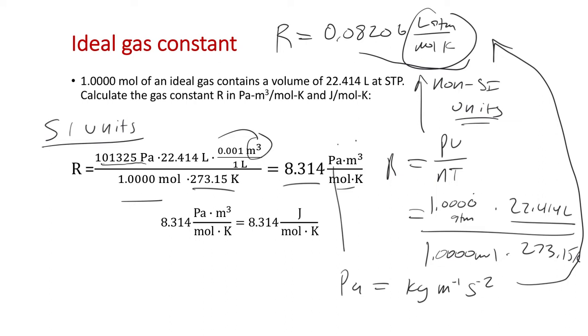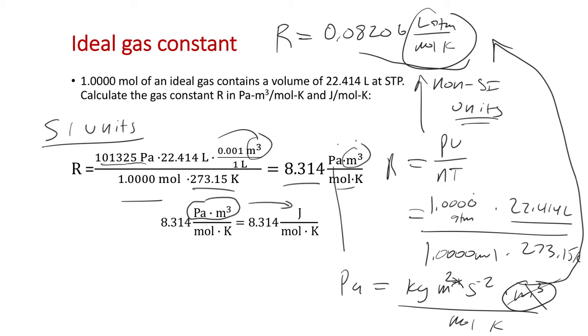And so if that's what the Pascal is equal to, and we multiply this by cubic meters, and then we're dividing this by mole Kelvin, do you see how when we multiply by cubic meters that this becomes square meters? So kilograms meters squared per second squared. And then that just turns out to be a joule. And so the Pascal times cubic meters in units is equal to 1 joule, because they're both equal to a kilogram meter squared per second squared.